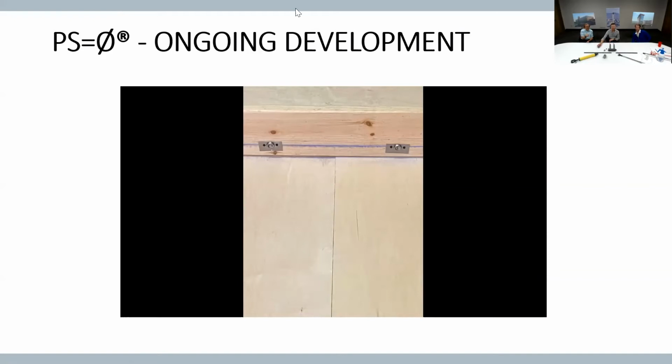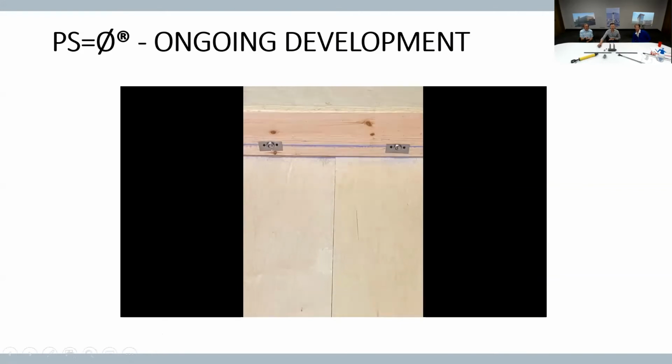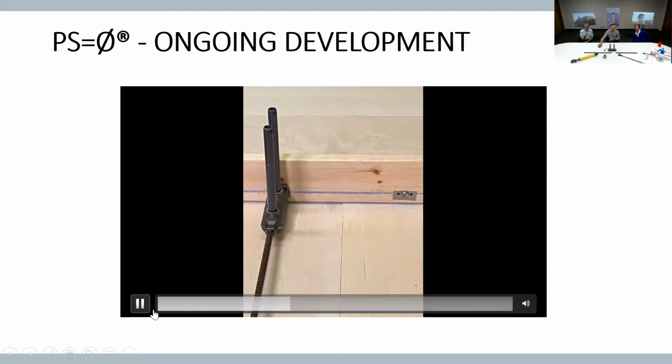Just hit play. And so we can fit that on. There are also some new seals for the coupler to go against.